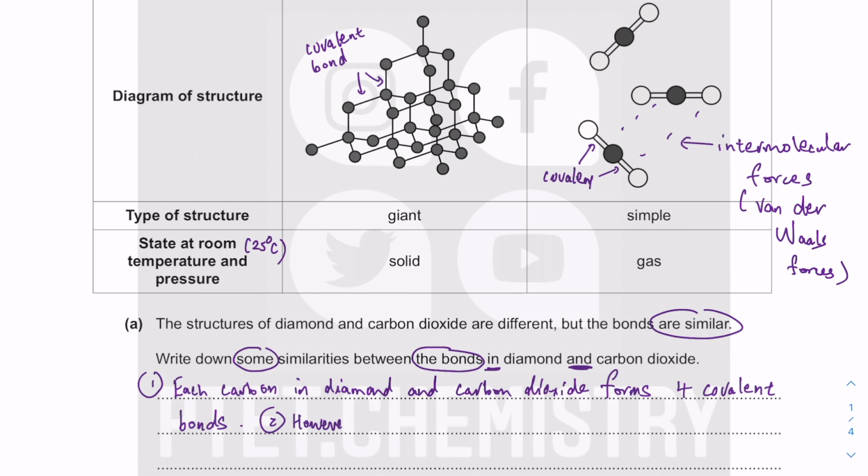However, in diamond, each carbon is bonded to 4 other carbon atoms.